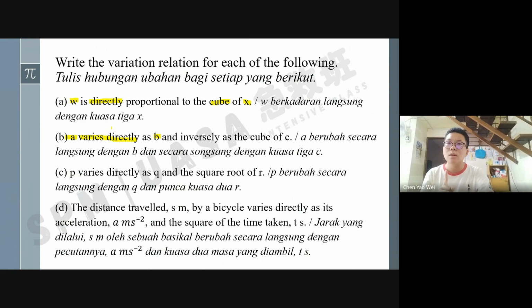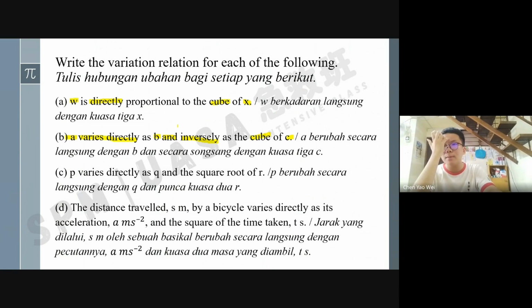N. If you get this one, N, remember, it can happen up here or below here. You see, if it is inversely, it means the variable goes down when the other goes up. C, oh, C, I put the C there. But for Q, remember to put the Q.